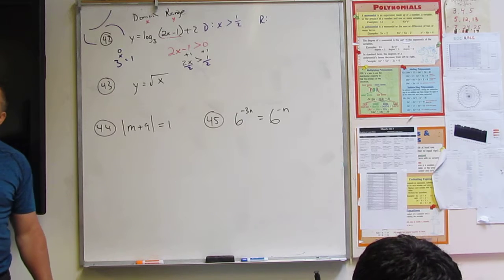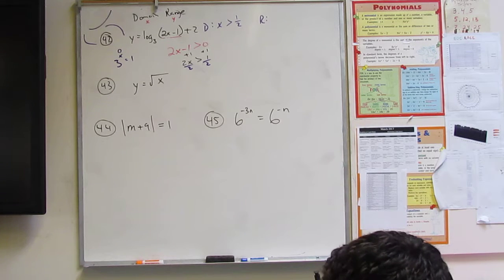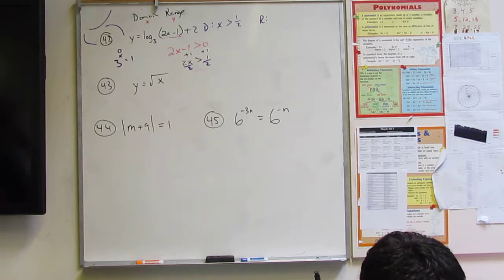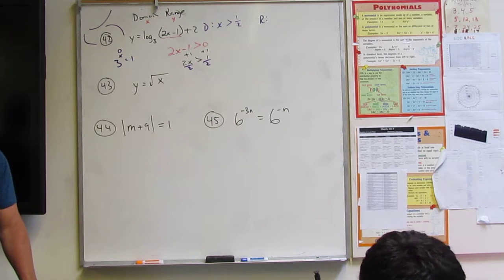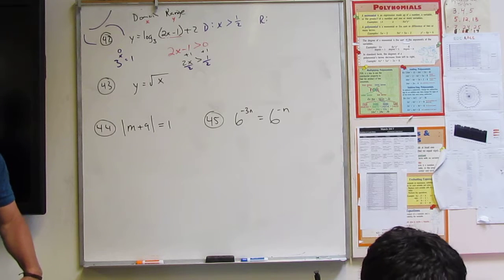So think of it like if the exponent is very, very small, if it's 0, it's going to be 1, right? And if 3 to a really big number, it's going to be a really big number.